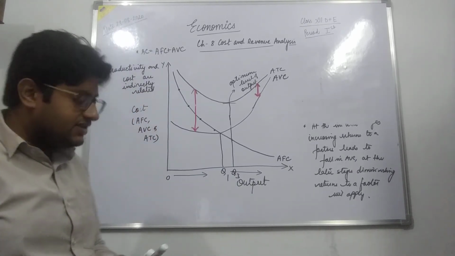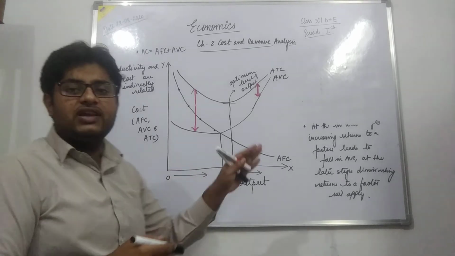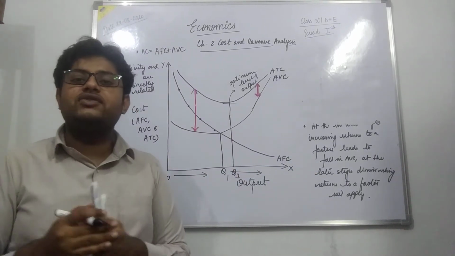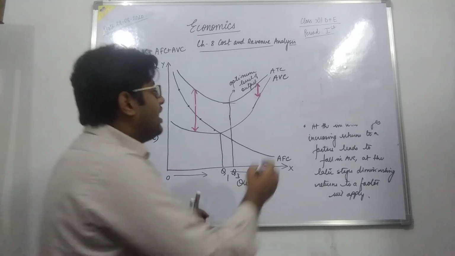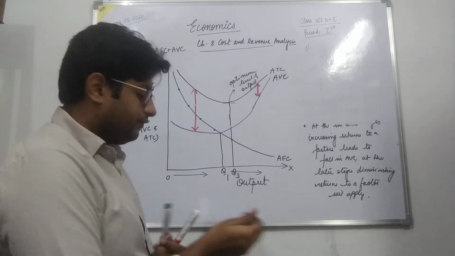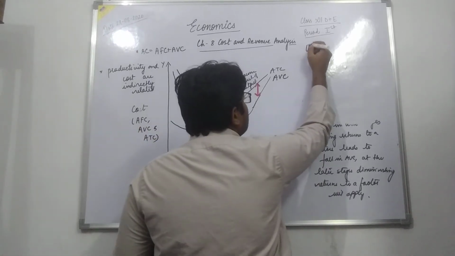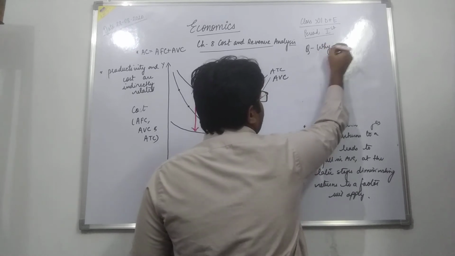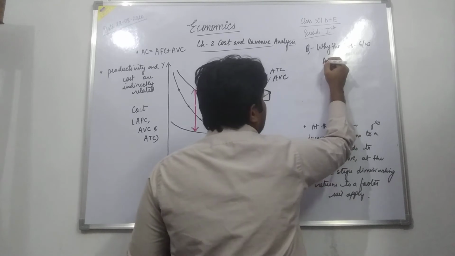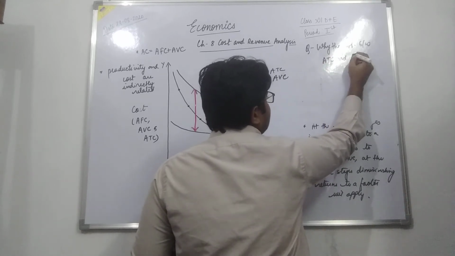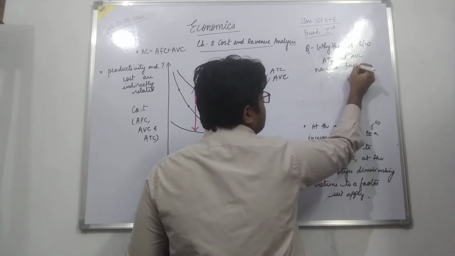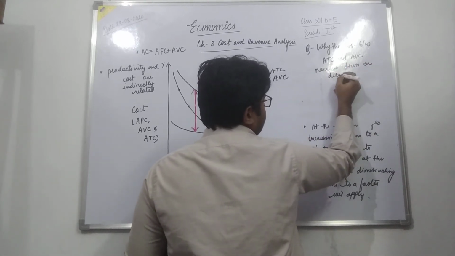So what is the reason that the difference between ATC and AVC goes on reducing, or narrows down? So the next question arises that you should know. The next question is why the difference between ATC and AVC narrows down or decreases.